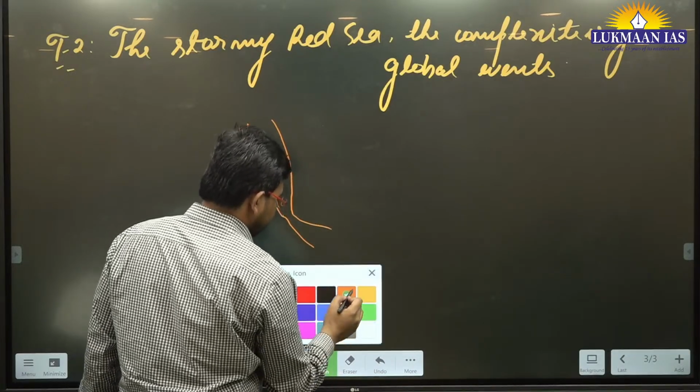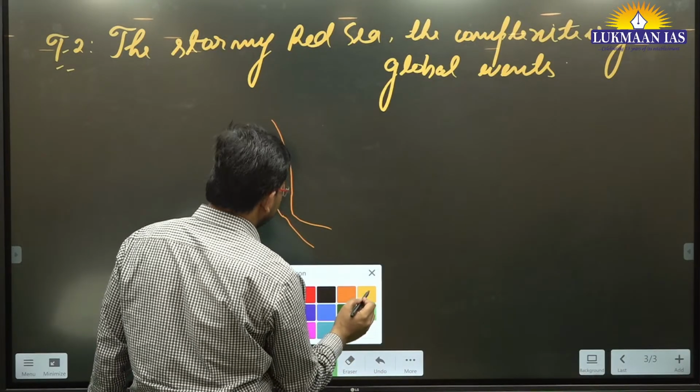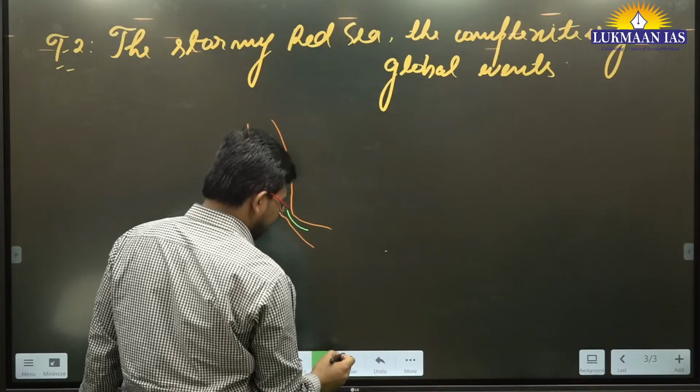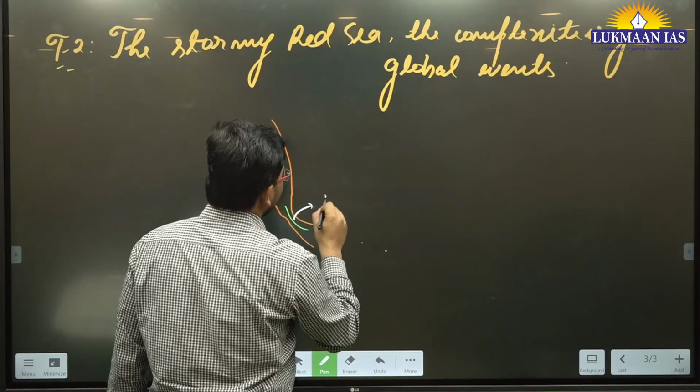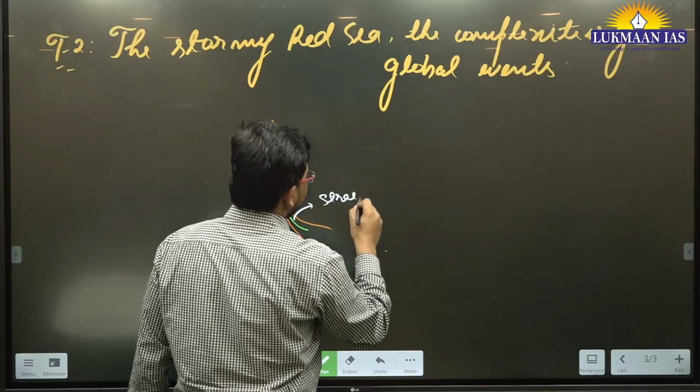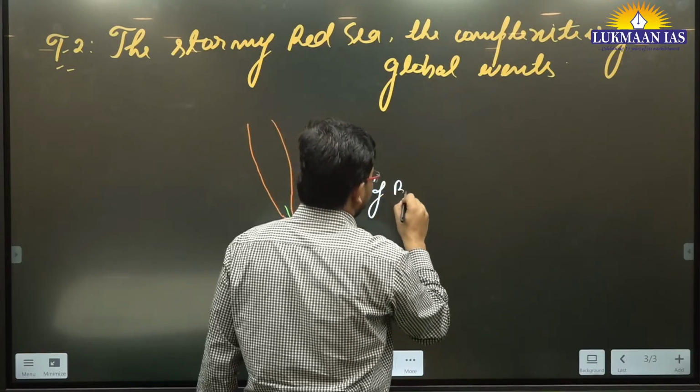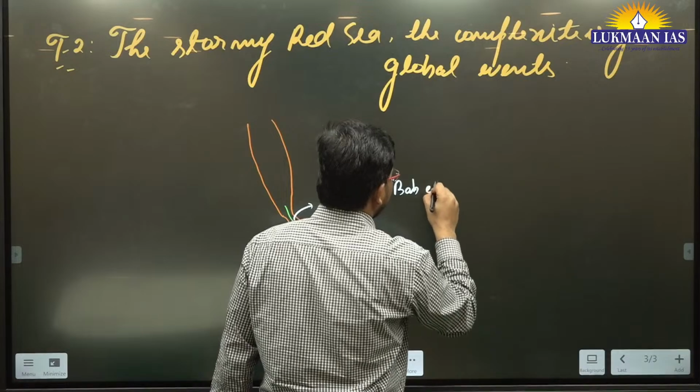All right. So over here we have a strait, and this strait is known as the Strait of Bab el-Mandeb.